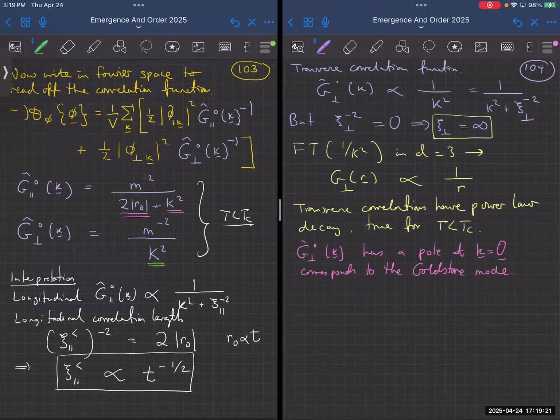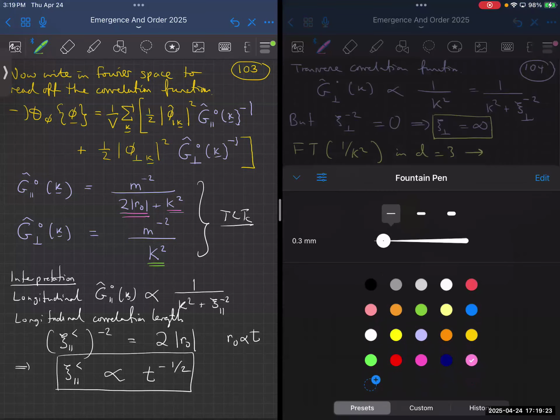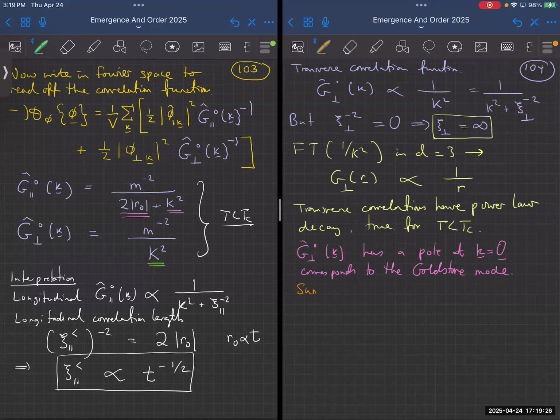Okay, so let's summarize that, and then we'll be out of time. So the summary is, first one, T less than TC. Transverse correlations, when you have continuous symmetry, are power law decay, not exponential.